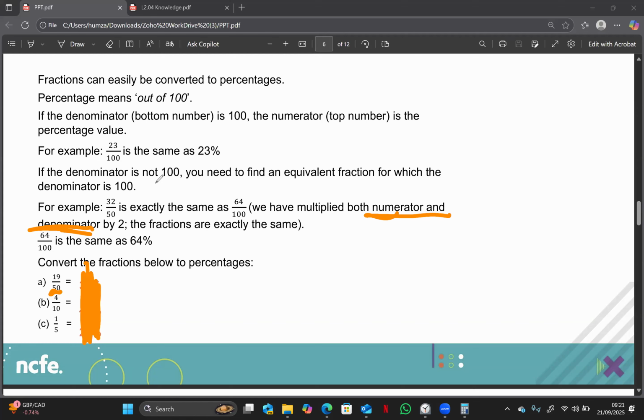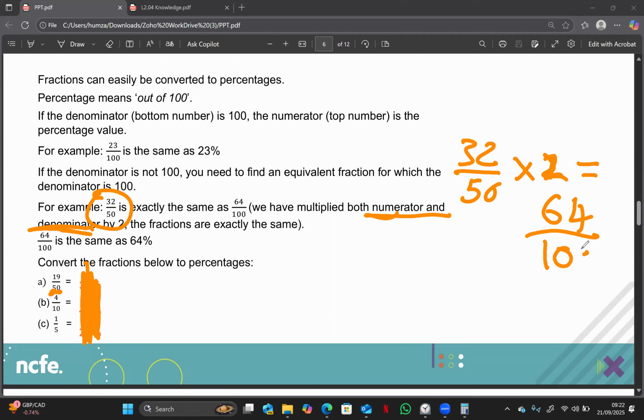So what have we done from 32 to get to 64? Times 2. Exactly. So in this example, what they've done is 32 over 50 multiplied by 2, so this equals 64 over 100. There you go. So what would we do here on A now? 19 over 50.